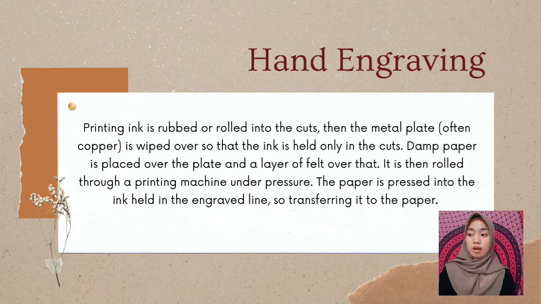Then paper is placed over the plate and a layer of felt over that. It is then rolled through a printing machine under pressure. The paper is pressed into the ink held in the engraved lines, so it's transferred onto the paper.